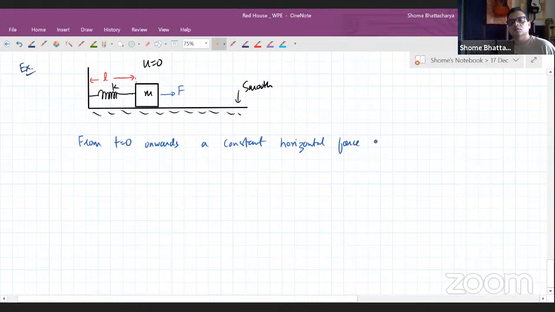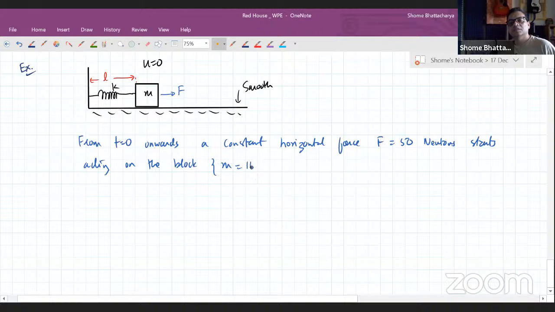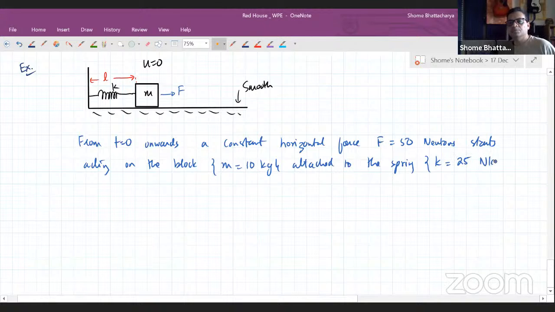A constant horizontal force F of magnitude, let us say 15 newtons, starts acting on the block, which is of mass, let us say 10 kilograms, attached to the spring, which has a spring constant of, let us say, 25 newtons per centimeter.